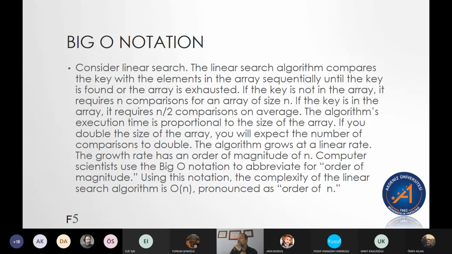Some terms you'll want to know: this concept of big O notation. The idea of big O notation is that it's not the worst case, it's not the best case, although the best case is what we would want to know about. It's more that the best, worst, and average cases are all in the same magnitude.